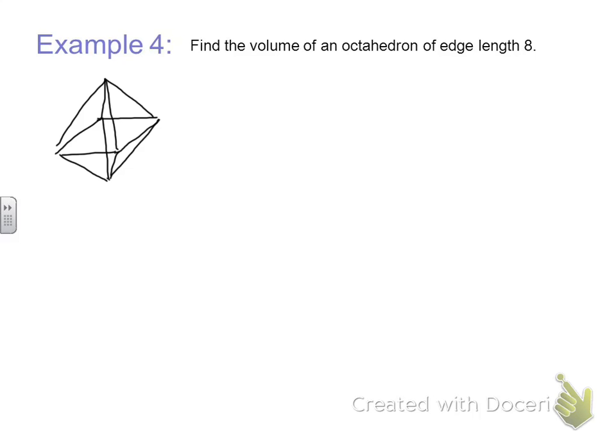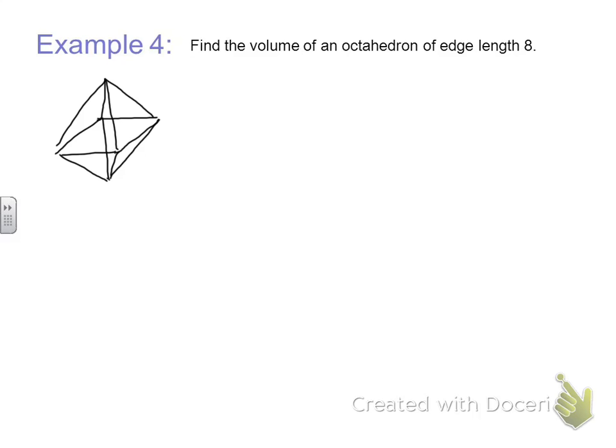All right. Now, when we were doing surface area of the octahedron, it wasn't too bad because all I had to do was find one triangular face area, right? And then multiply it by 8. And to find the area of a triangle, we've been doing that for a very long time. So as long as you knew what an octahedron was, that shouldn't have been very difficult for surface area. Finding the volume of this thing is now going to get more difficult.